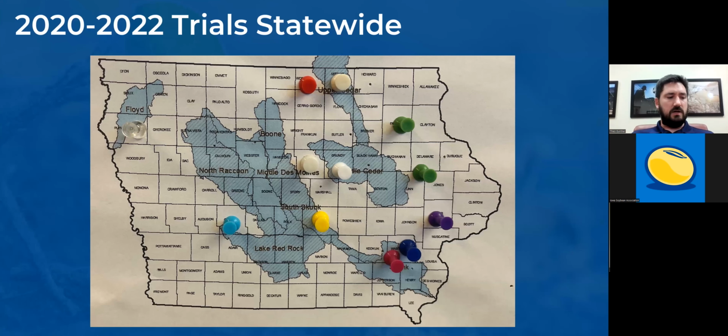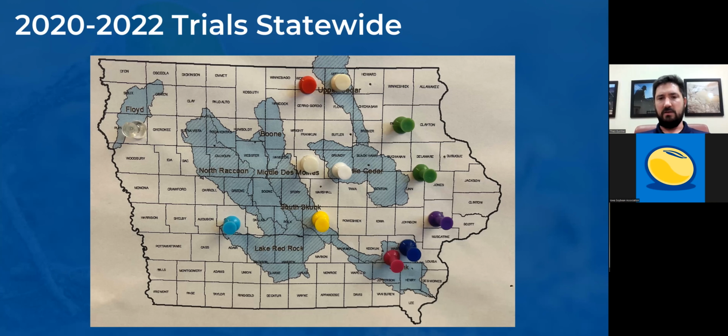So I'll get into a little bit of detail here about the trials that we performed over the past few years. So beginning in 2020, we started doing replicated strip trials with farmers around the state. And there's pins in this map that show where those cooperators are located.